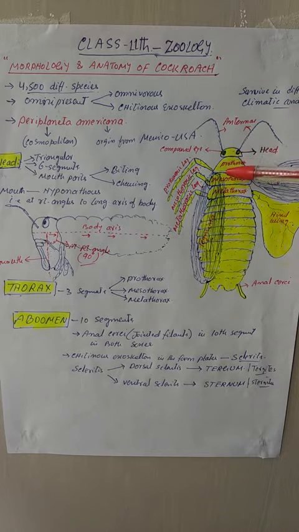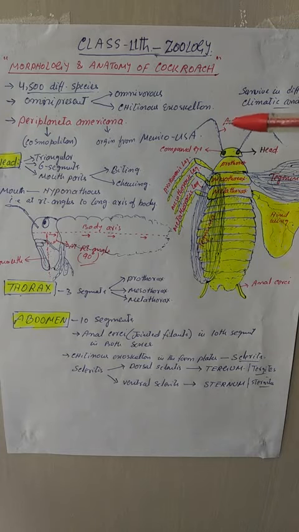The animal also bears three pairs of jointed appendages. Here you can see this is the leg which originates from the prothorax, and the leg is termed as prothoracic leg, then the mesothoracic leg from the mesothorax, and metathoracic leg that is attached to the metathorax.